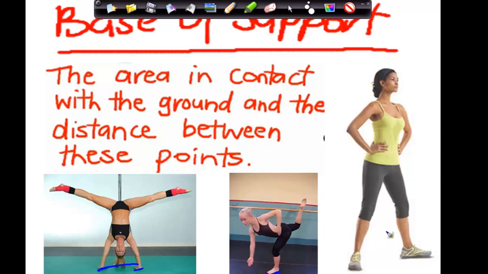Alright, and if we were looking at the person on the far right, you can see both feet are in contact with the ground. And then we're looking at the distance between those 2 points. So from here, sorry about my straight line, all the way to there, that is our base of support.